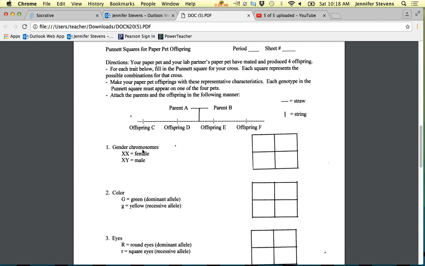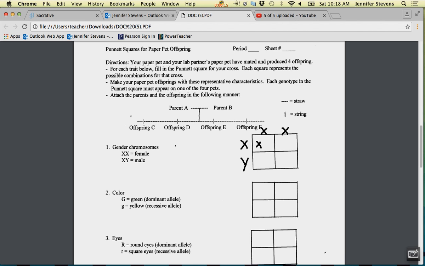In this case, we know the genotypes because one of our big paper pets is female and the other one has to be male. So all we have to do for this one is literally separate it on the Punnett square. So we could put X here and X here for the female and X here and Y here for the male. It doesn't matter which pet you put across the top or which pet you put across the side.